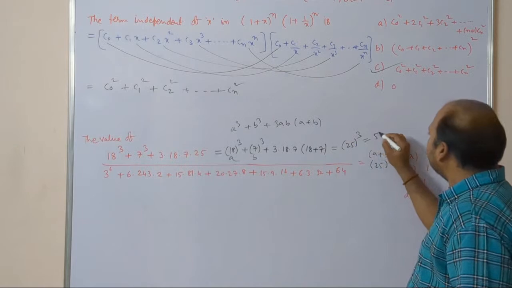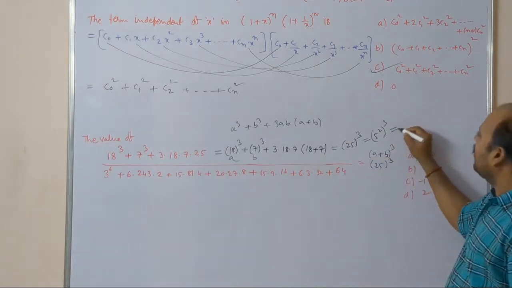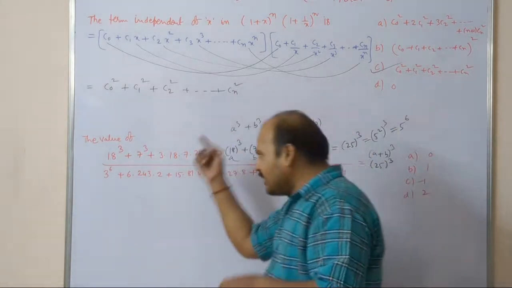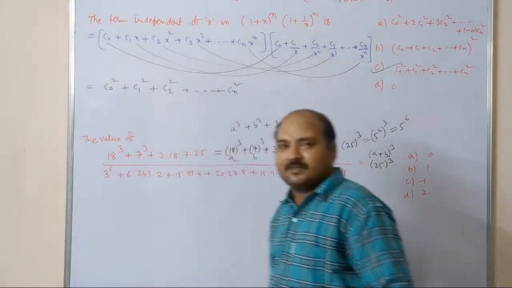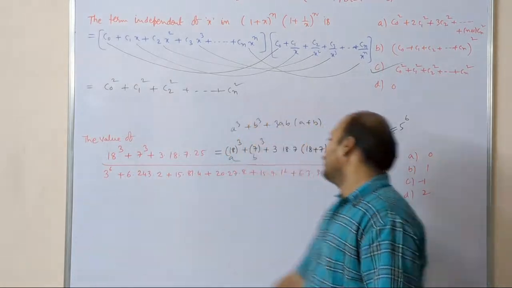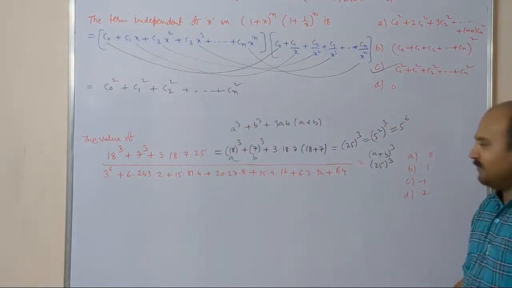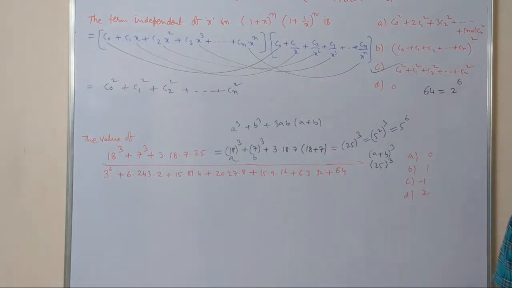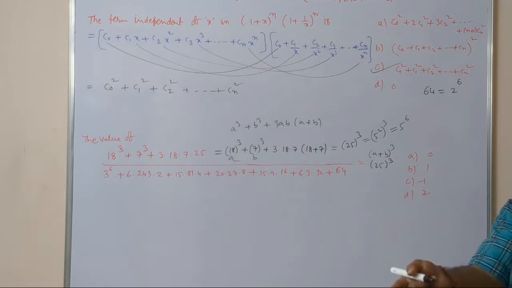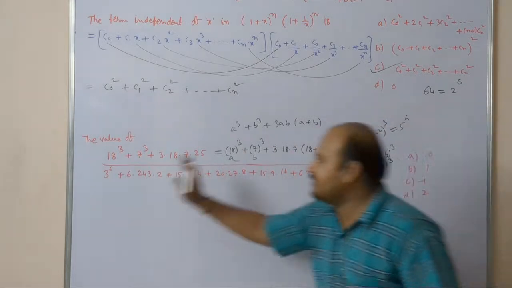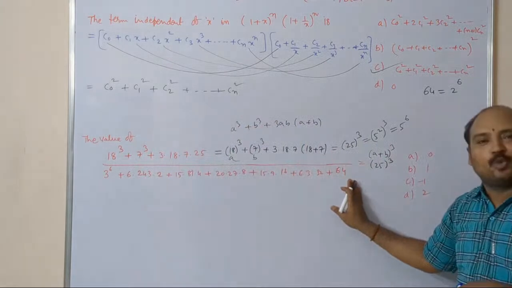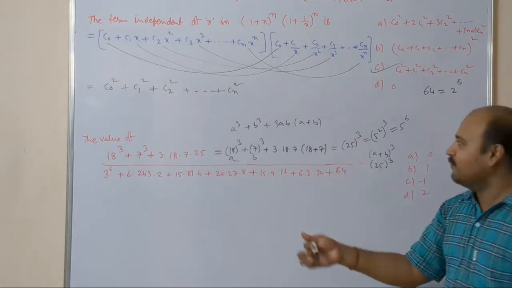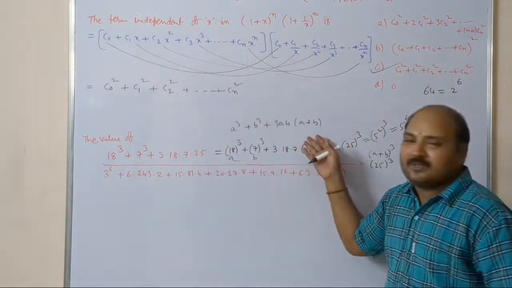We can write 25 in powers of 5, 5 square whole cube, 5 power 6. Am I right? Now come to the denominator. Here 3 power 6, so the first term is 3 power 6. What about the last term? 64 can be written as 2 power 6, since 2 power 5 is 32 and 32 into 2 is 64. The first term is 3 power 6 and the last term is 2 power 6. Can we write (3 + 2) whole power 6? Here 7 terms are there, like the expansion of (x + y) whole power 6, just as 4 terms mean (a + b) whole cube expansion.